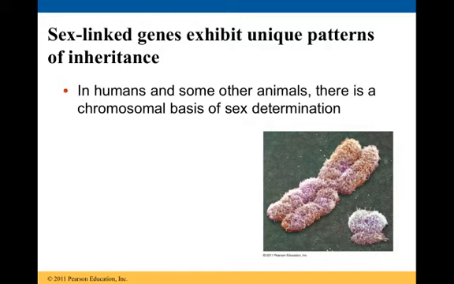Sex-linked genes exhibit unique patterns of inheritance. So for those genes that live on the sex chromosome, they have a different pattern of inheritance, because whether or not you're a male or a female determines very greatly your chances of getting the trait.